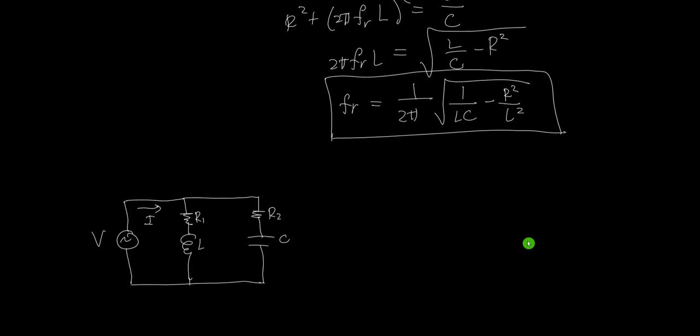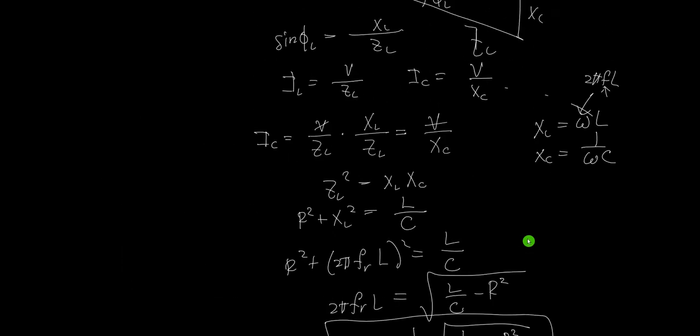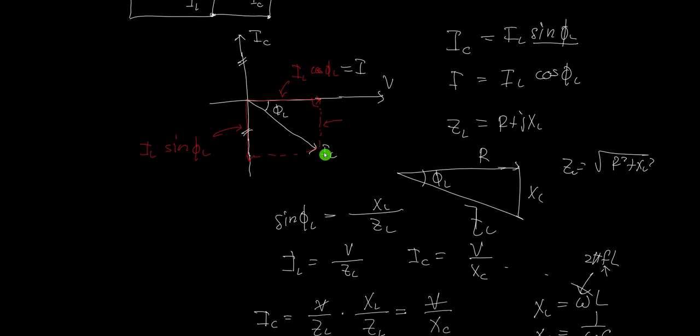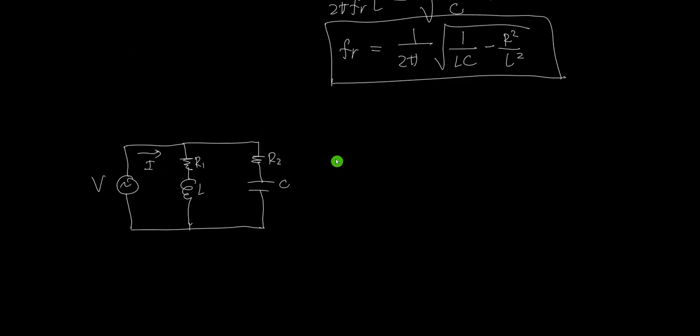So if we apply again the same method as we did here by drawing the phasor diagram of the current, let's name the currents. I can just name this RL and this one RC, so that later on I will not misplace them.